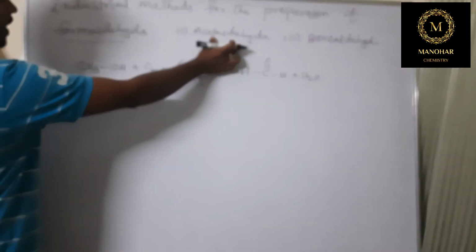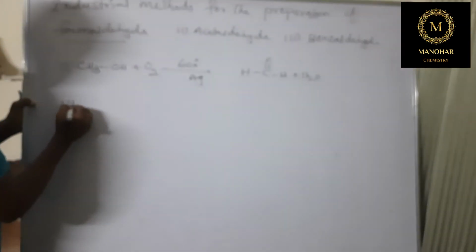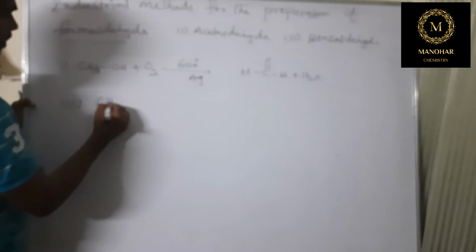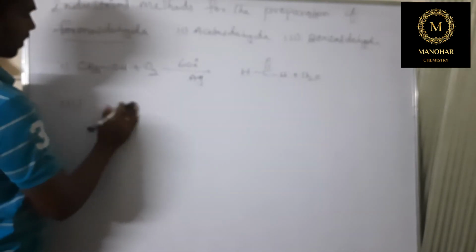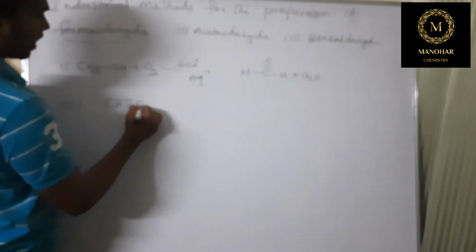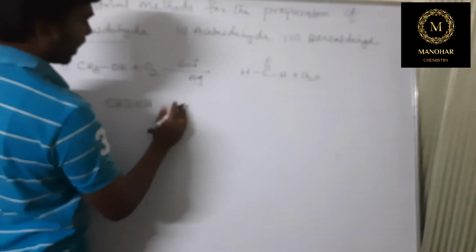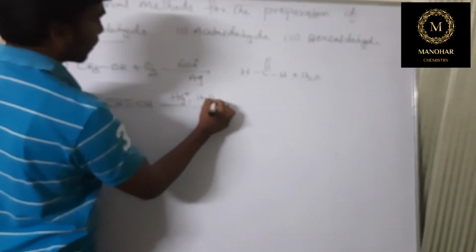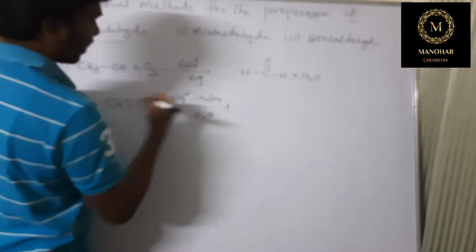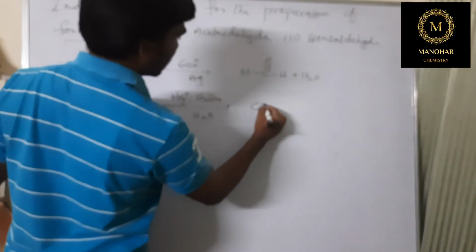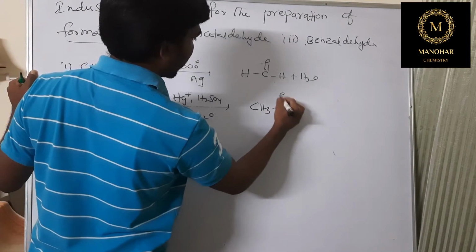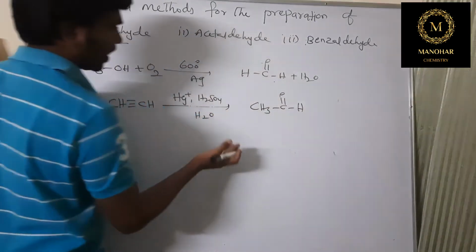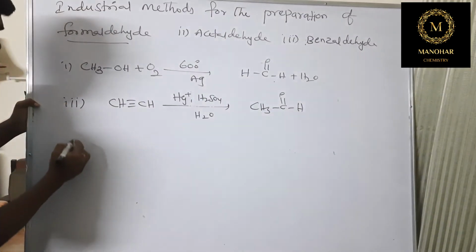If you want to prepare acetaldehyde, I am taking this one, mercuration. Acetylene, when reacted with mercury and H2SO4 followed by hydrolysis, forms CH3C double bond OH. I already gave this mechanism in earlier classes.